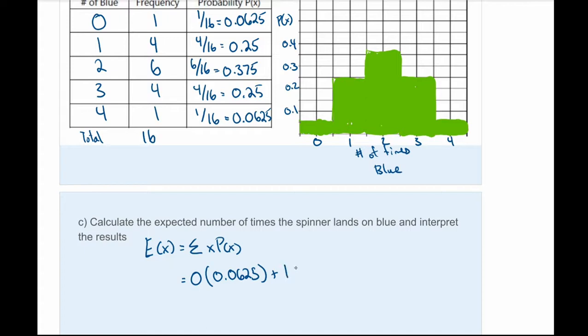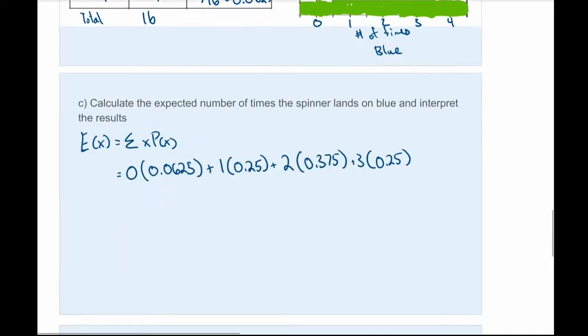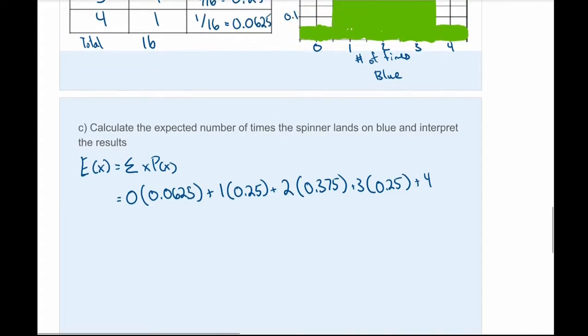So the next outcome is 1, multiplied by that probability, which is 0.25, plus the next outcome, which is 2, multiplied by that probability, plus 3 times that probability. Let me just move all this down. Plus the last one, which is 4 times that probability. And then we're going to go through and add them all up.